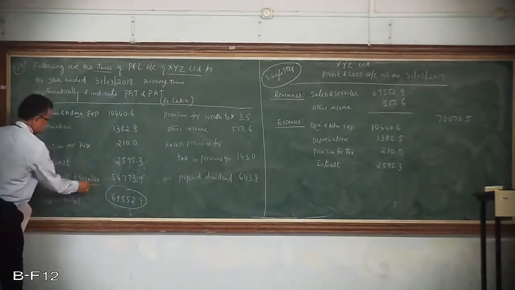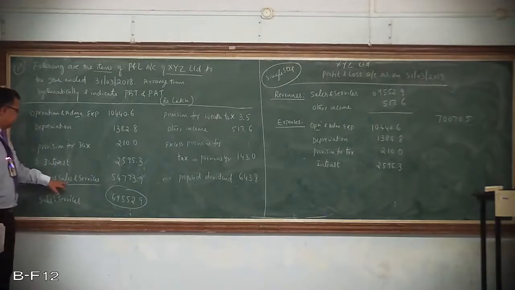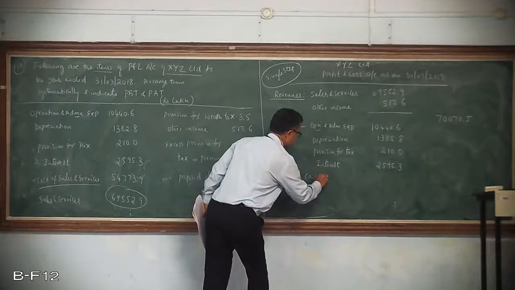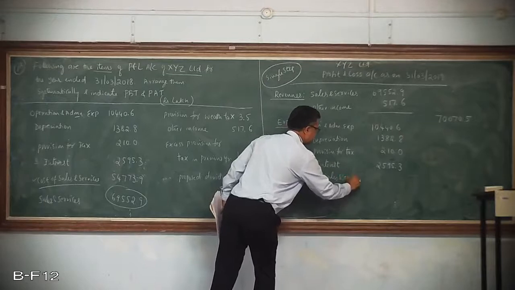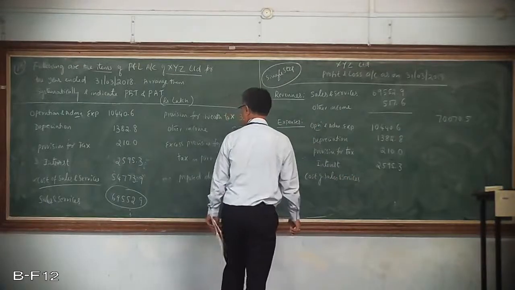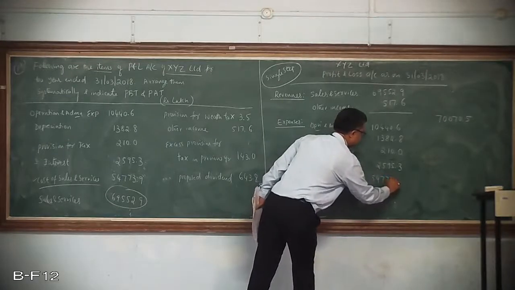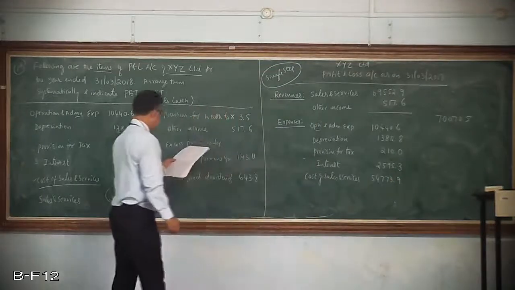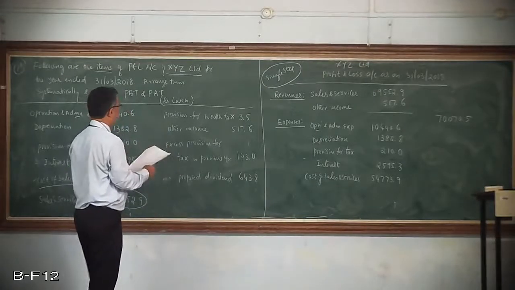Next, the cost of sales. There is so much money involved in selling the goods, producing the product and all. So cost of sales and services is 54,773.9. Next, check anything else here: provision for wealth tax is also there.